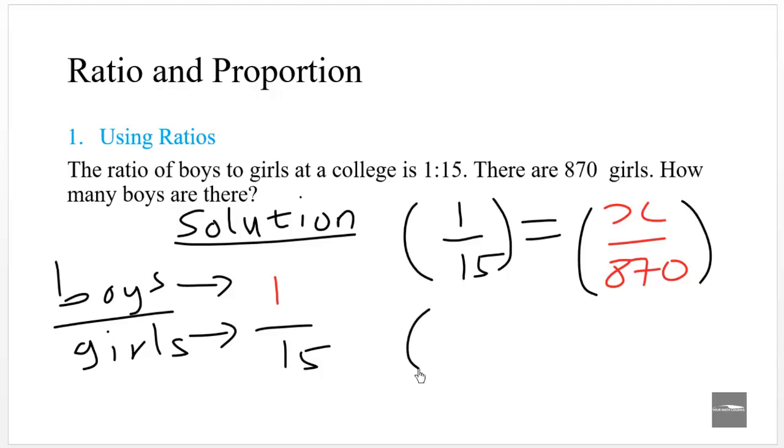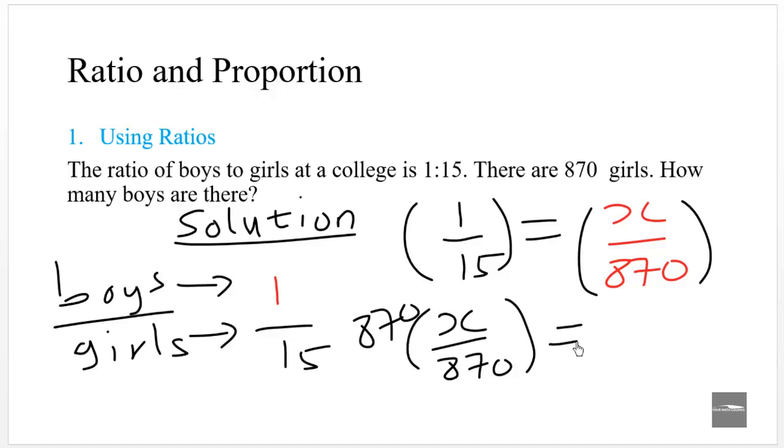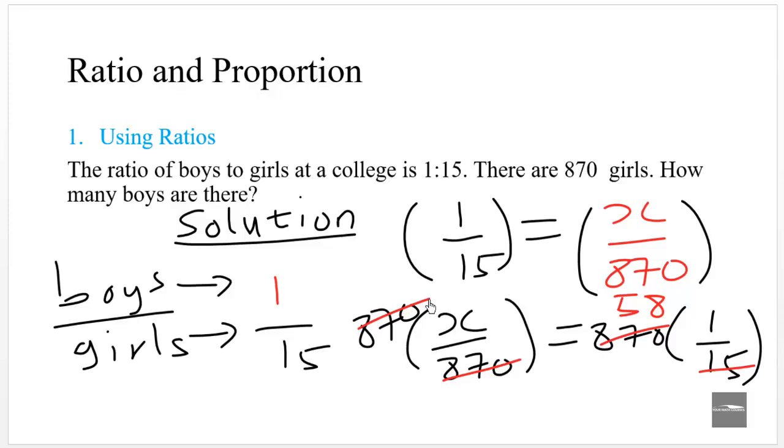So 870 times x over 870 is equal to 870 times 1 over 15. So 15 goes into 870 58 times, then 870 cancels 870.